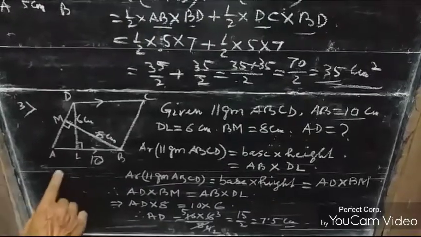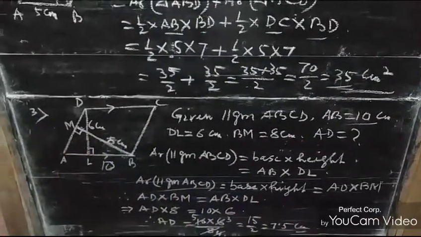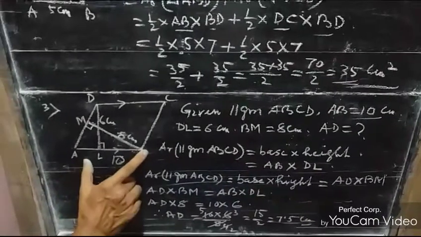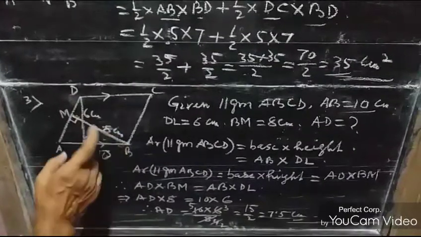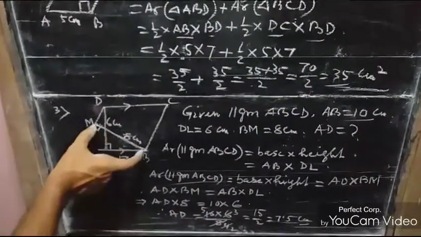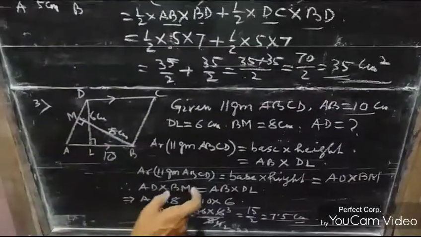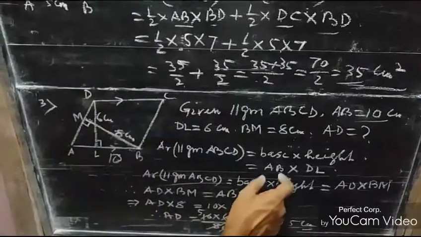We need to find out the value of AD. See, area of parallelogram ABCD, we know, is base into height. If we take the base as AB first, then the corresponding height will be DL. And if we take the base as AD, then the corresponding height will be BM. So the area of ABCD will be AB into DL.